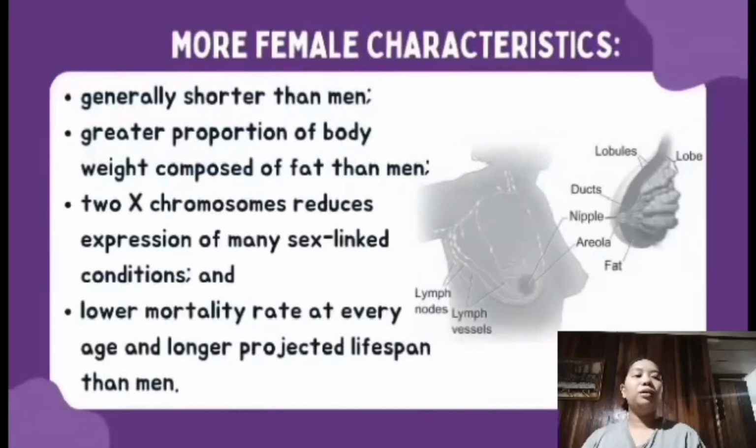More female characteristics: generally shorter than men, greater proportion of body weight composed of fat than men. 2 X chromosomes reduces expression of many sex-linked conditions, and lower mortality rate at every age and longer projected lifespan than men. That's all, sir. Thank you.